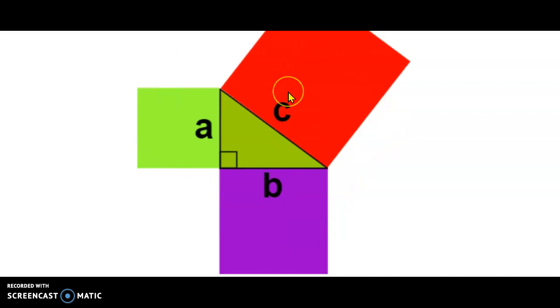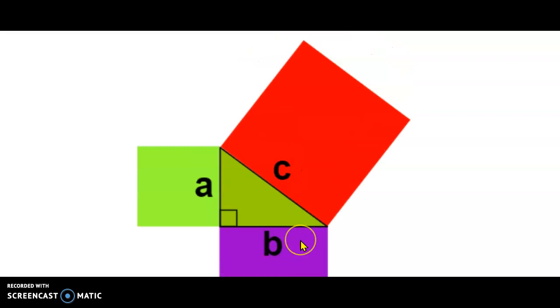I think some of you have seen this in my class as well. This leg here, when you square it, is the area of this green square. For this leg, if you square it, it's the area of the purple square.